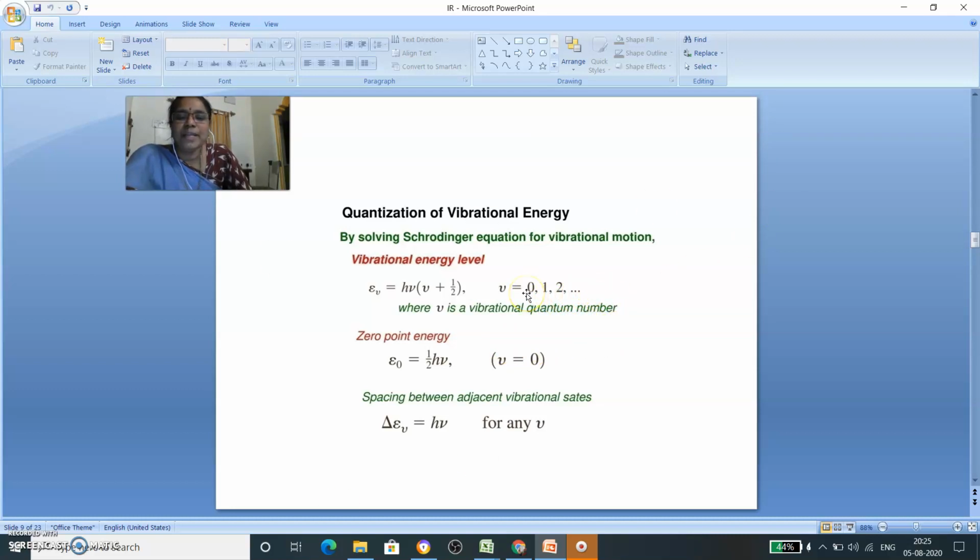So at the ground state, v is equal to 0, and the energy E0 is equal to half into h nu.